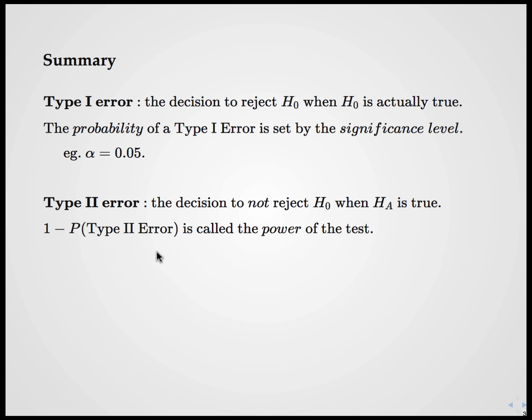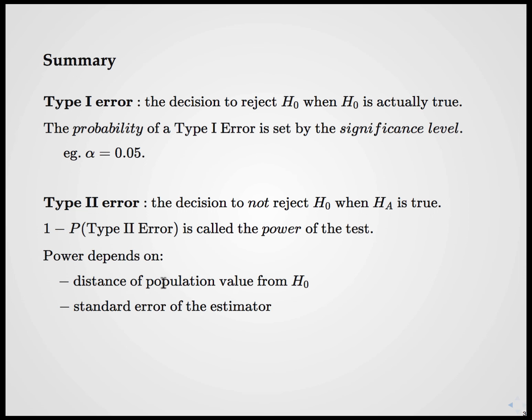The probability of a type 2 error, or 1 minus the probability of a type 2 error, is called the power of the test. And the power will depend on exactly which value of mu under the alternative hypothesis turns out to be true. We won't know which value it is, but if mu is a long way away from the value specified under the null, so the distance of the population from the null value, then we'll have a lot of power.